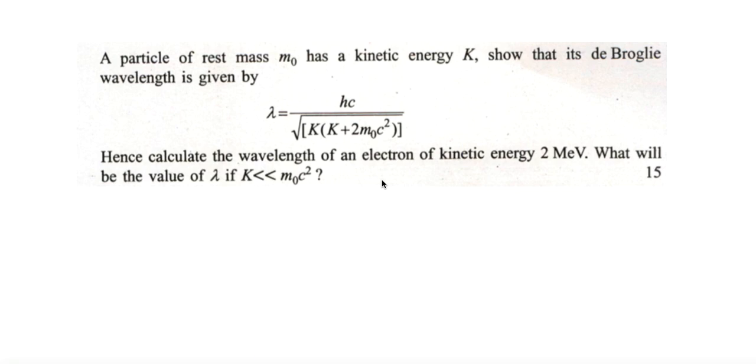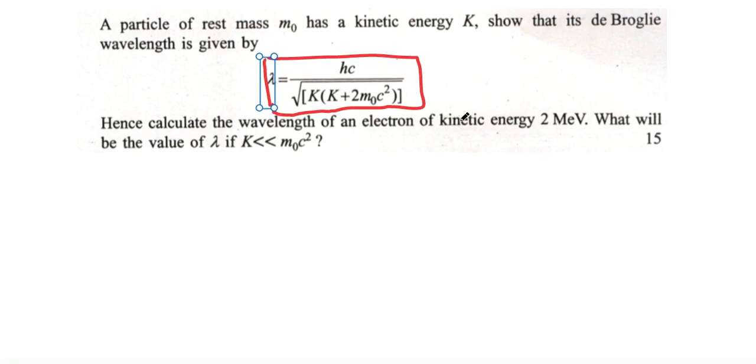The question looks not that simple, but it's actually a very simple question. So we have to prove that the lambda value is equal to hc by root of K into (K plus 2 m0 c square). In this question we take something from relativity also.